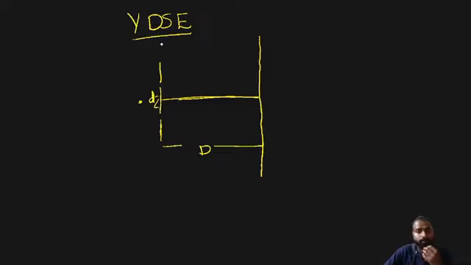Light rays are traveling from the point source, then moving and reaching a point here.